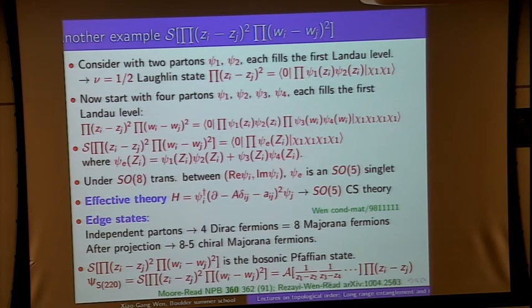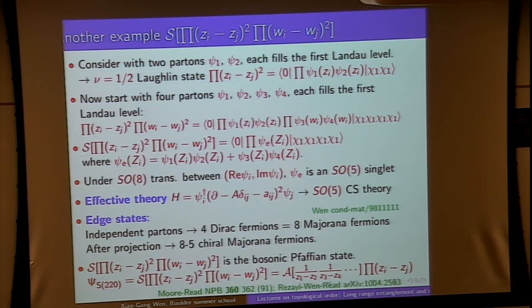Because of the following. If you view those psi as complex fermion fields, we have 4 complex fermions, but 8 Majorana fermions, 8 real fermions. So you can do this SO rotation among these 8 Majorana fermions, or real fermions. Then you can do some algebra. You find that if you perform this rotation, there's an SO(5) subgroup such that this psi_E is not changed.